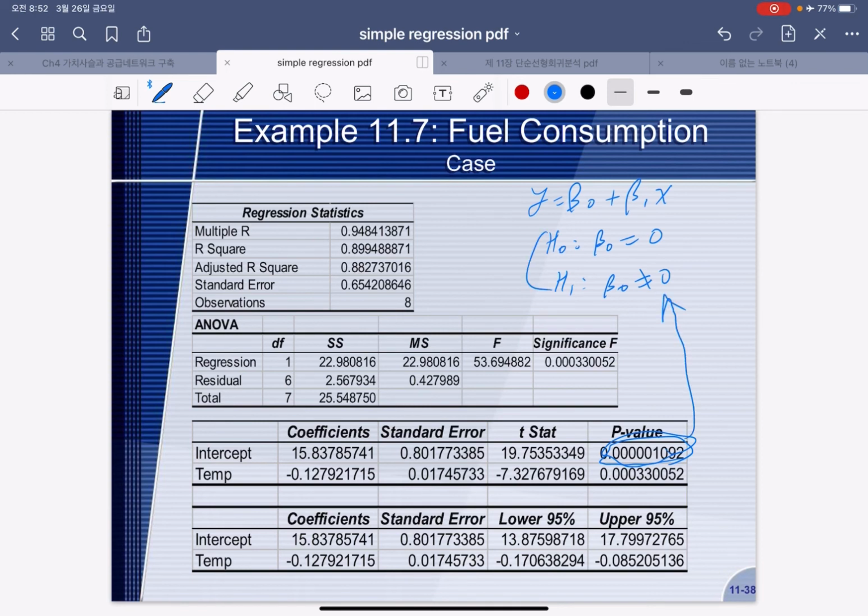Since this p-value is less than alpha, you reject the null hypothesis.